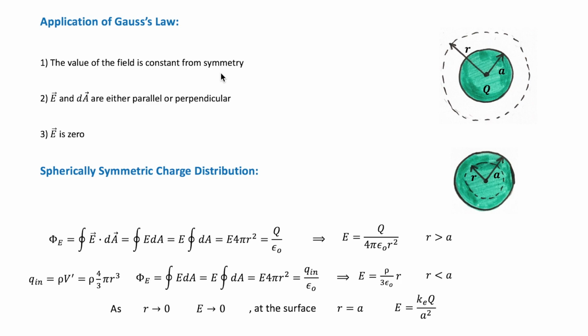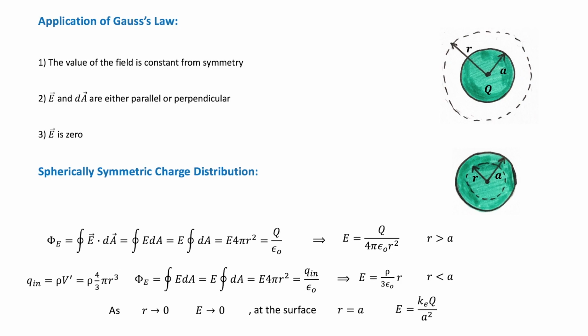So not necessarily the whole Gaussian surface, but at least a portion of it. Another condition is that the E and dA vectors are either parallel or perpendicular for that portion, and also that E is zero. In this way, we can really simplify the integration, okay?